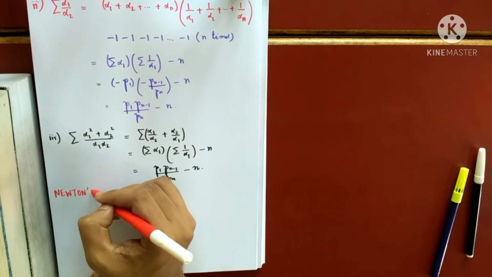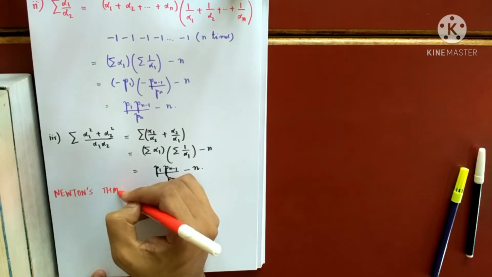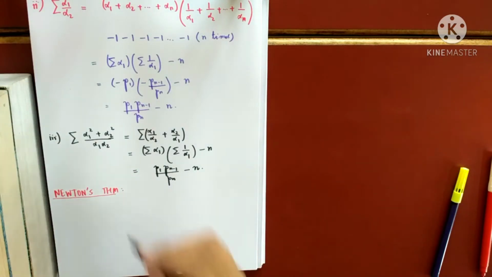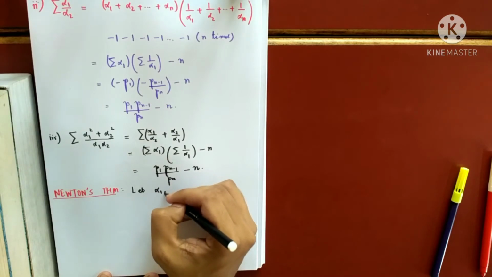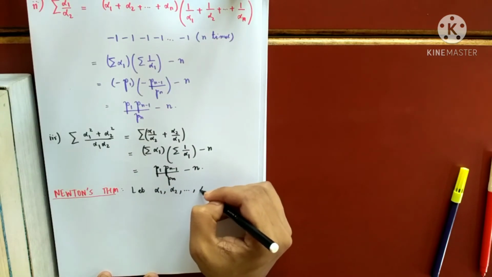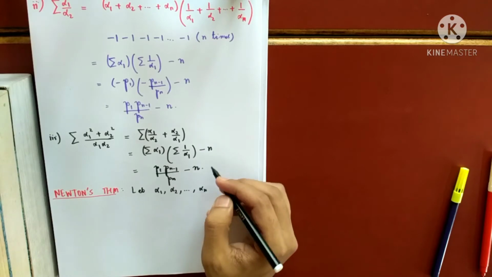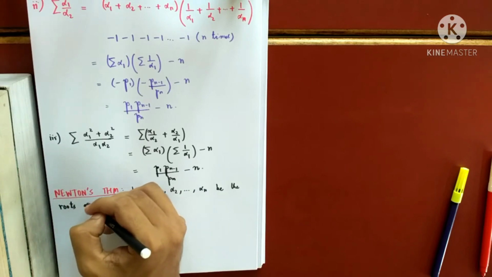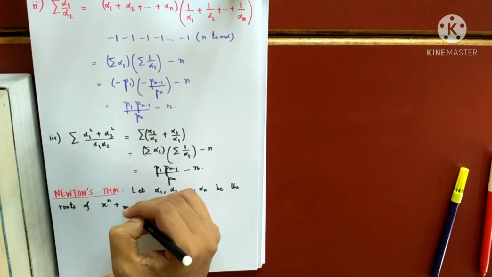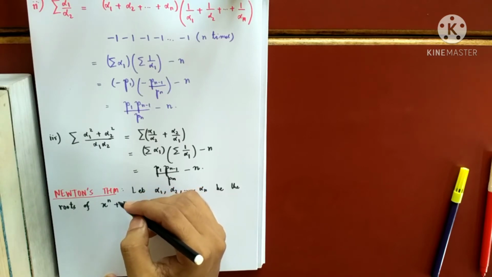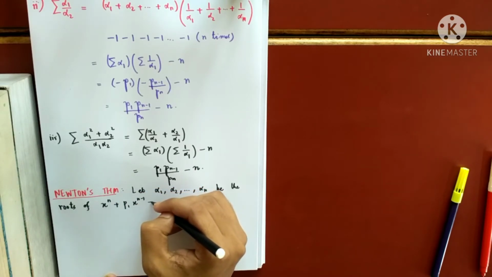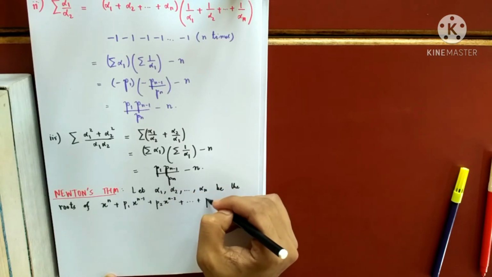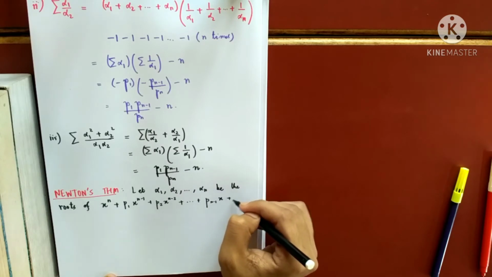So this will be very much important for us. So what is Newton's theorem? Let alpha 1, alpha 2, up to alpha n be the roots of the equation x to the power n plus p1 x to the power n minus 1 plus p2 x to the power n minus 2, and so on, the second last term is pn minus 1 x, the last term is pn.